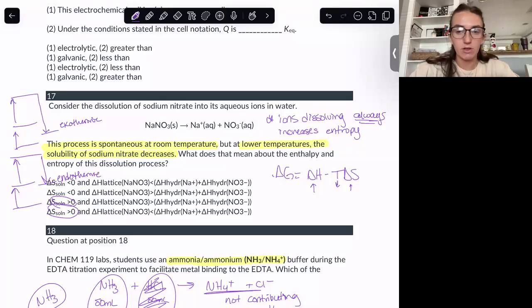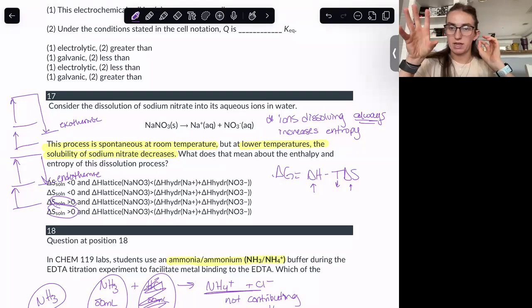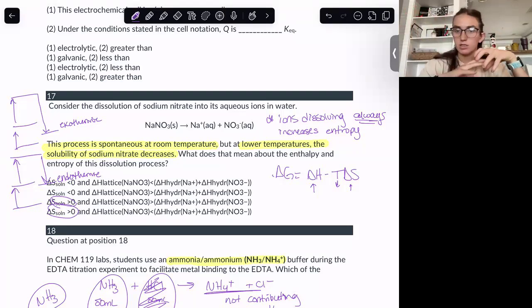And then if we're looking at delta H and delta S, delta S is increasing, and delta S will always win out over the delta H of your solution in an endothermic reaction, because the dissolving of those ions will always create more entropy.